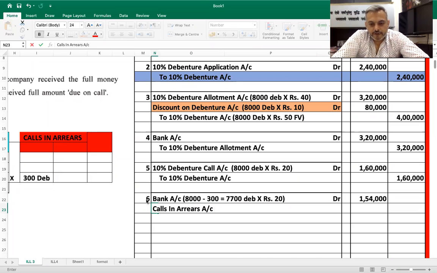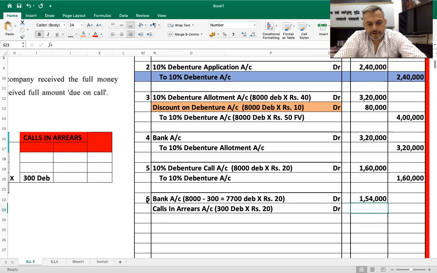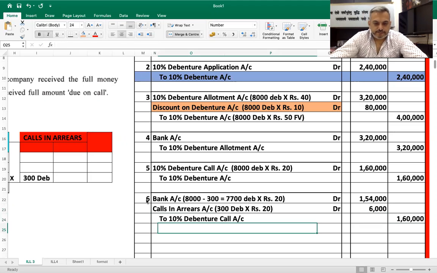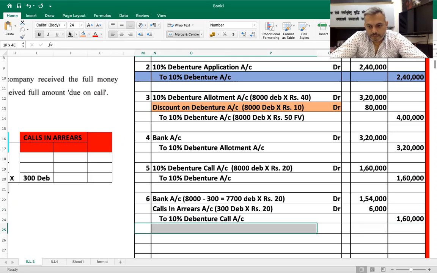Okay. So calls in arrears account, 300 debentures into rupees 20. Debit, because they are recoverable. We have to receive this from people. And 10% debenture call account, 1,60,000. Close it.